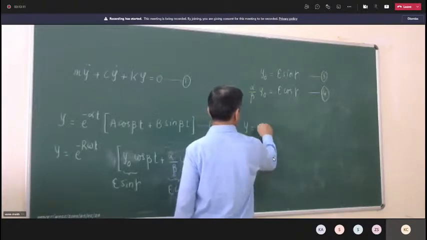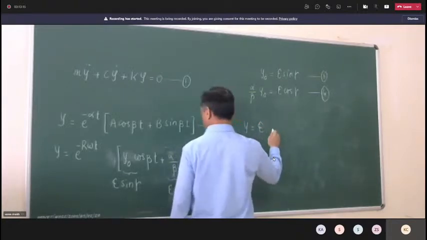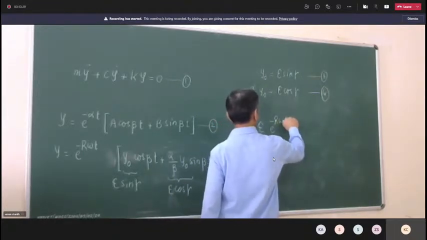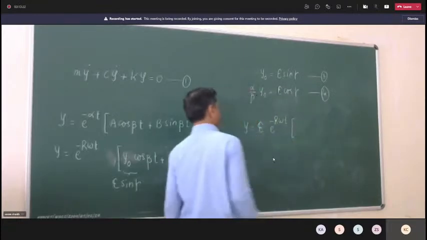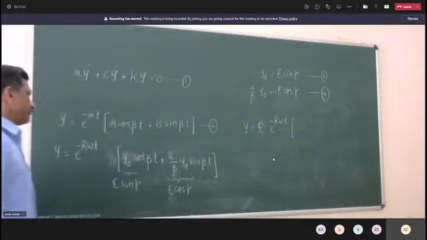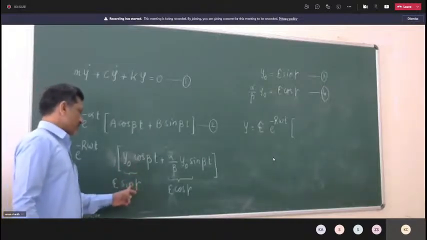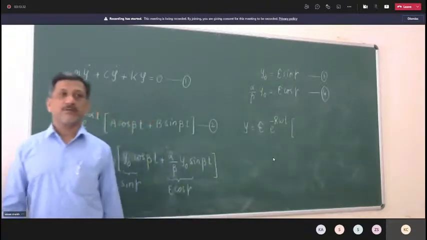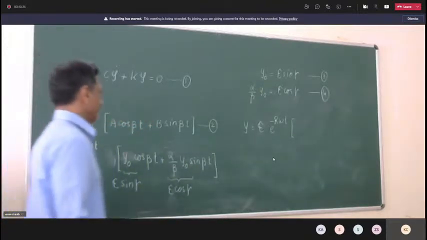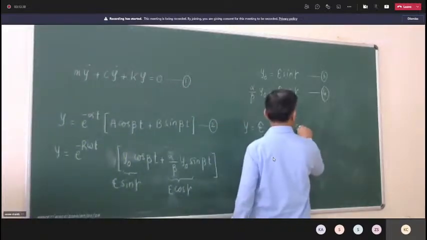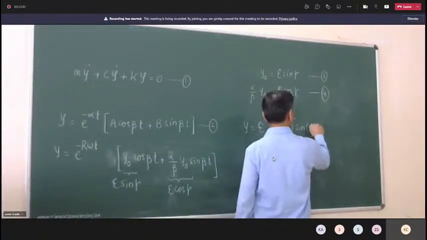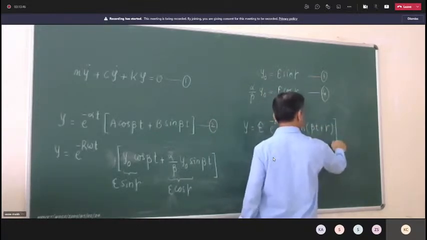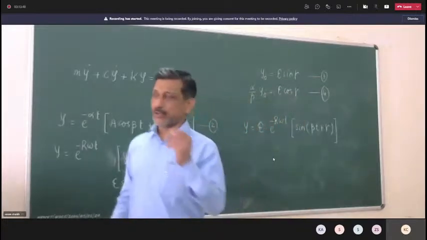So you can write y as E into e raised to minus zeta omega t into bracket, sin gamma cos beta t plus cos gamma sin beta t. Sin A plus B, so it will be sin beta t plus gamma. Right, gamma plus beta t or beta t plus gamma.